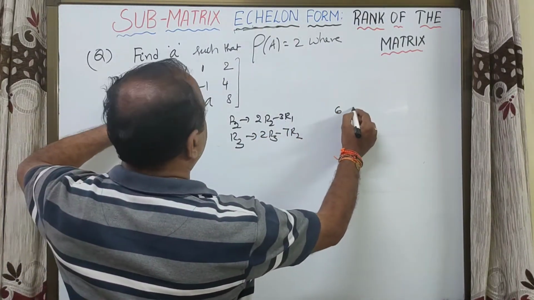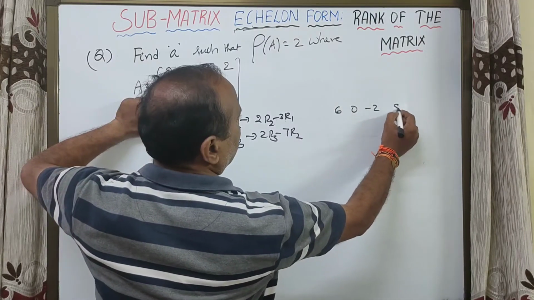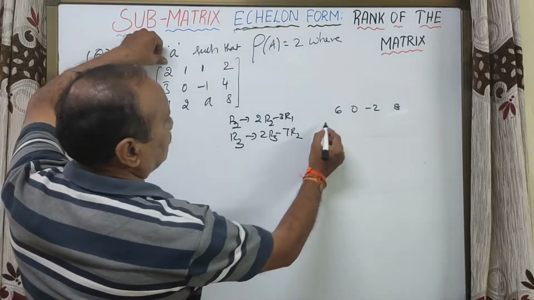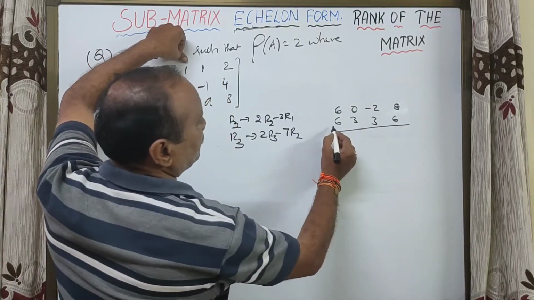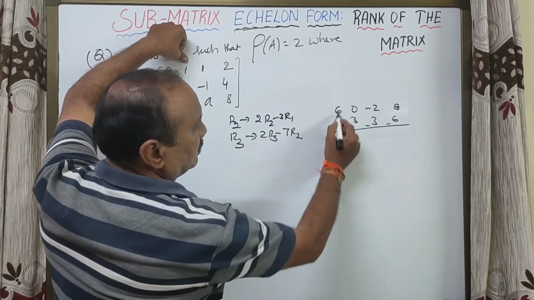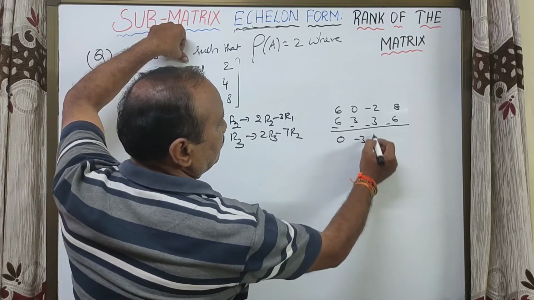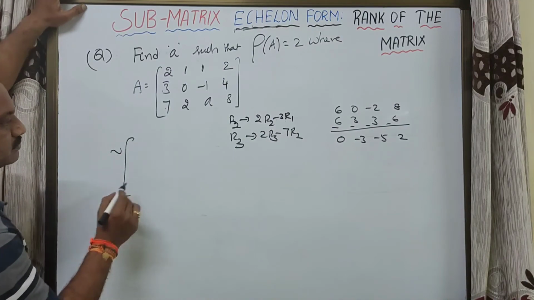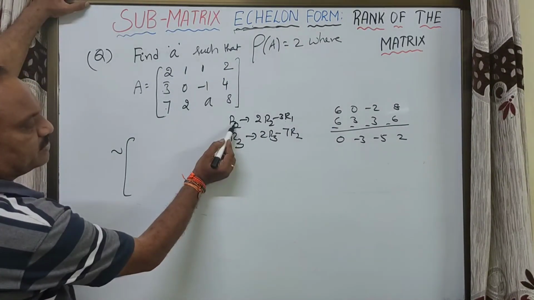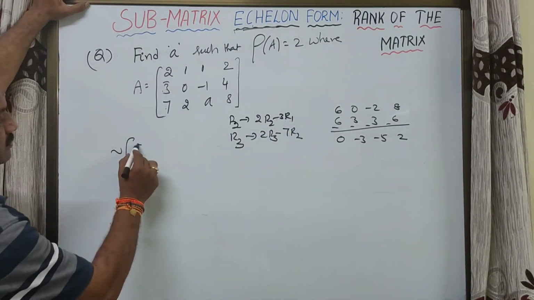2R2 is 6, 0, minus 2, 8. 3R1 is 6, 3, 3, 6. Subtract: 0, minus 3, minus 5, 2. See, here we are going to change R2 and R3 only.